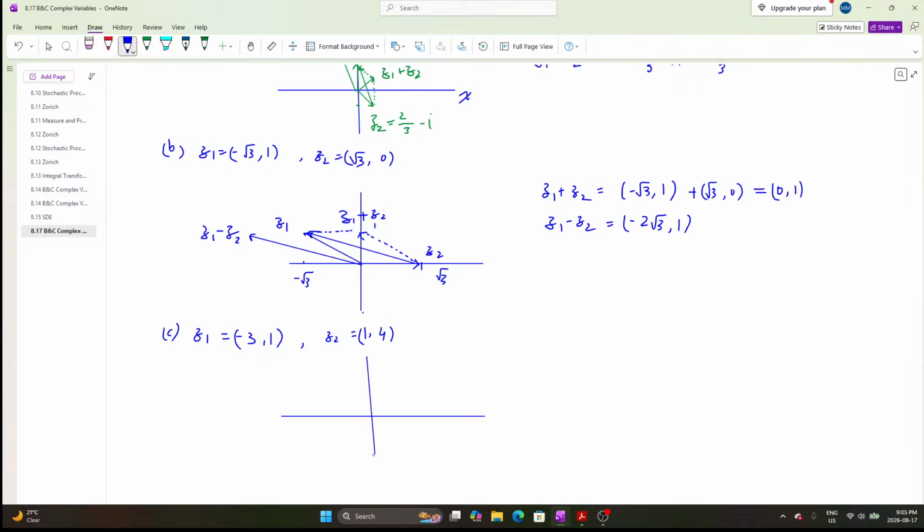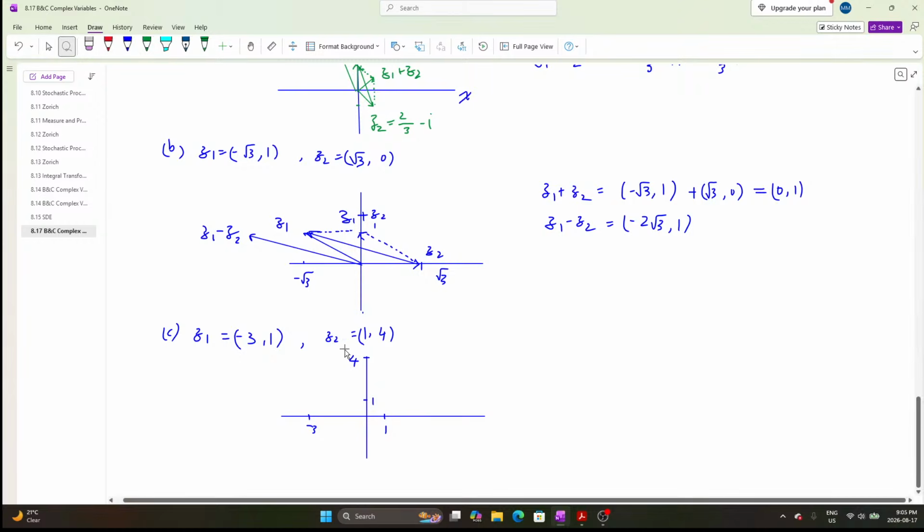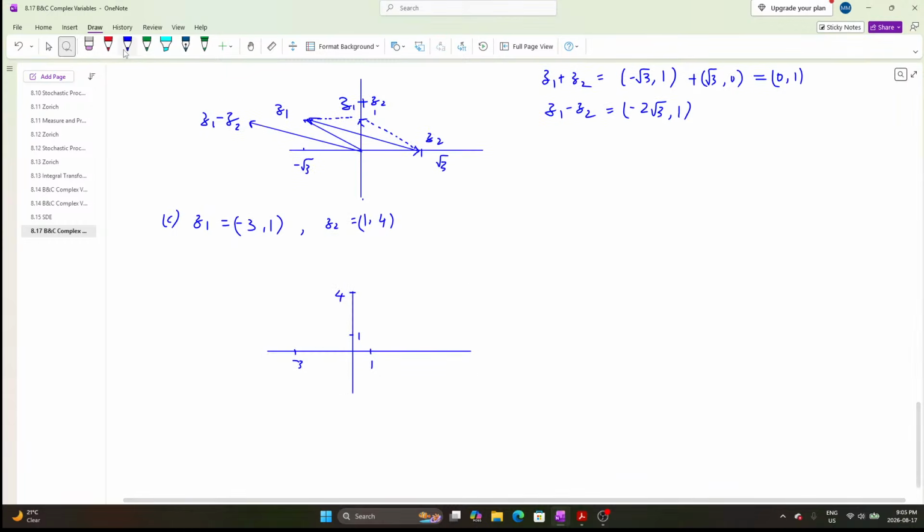It's a nice practice. Okay, so Z1 is (-3, 1), so this is -3, 1, like this. Z2 is (1, 4). This is 1, and this is 4. Okay, so plot the vectors and their sum and difference. This is (-3, 1), and Z2, (1, 4), is this one.